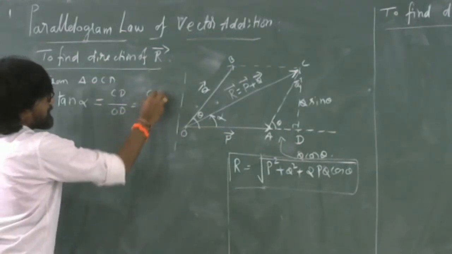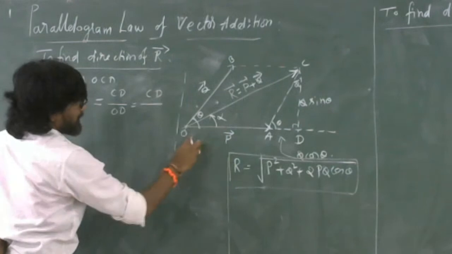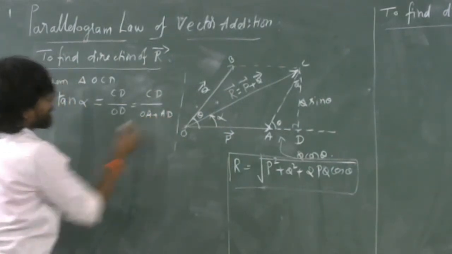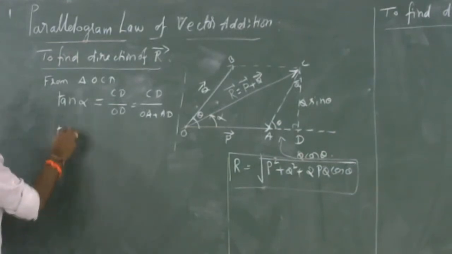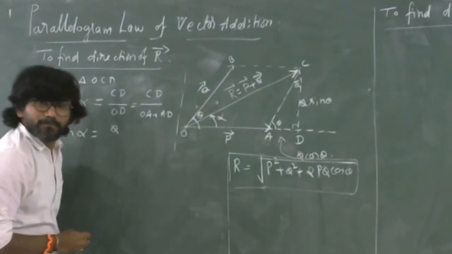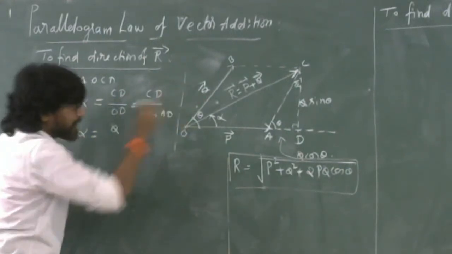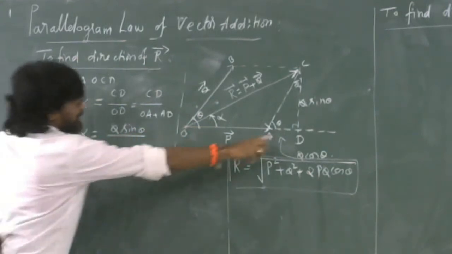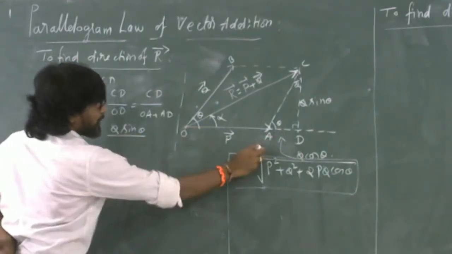But adjacent side OD can be represented as OA plus AD. So tan alpha is equal to CD, which is Q sin theta, by OD, which is OA plus AD.